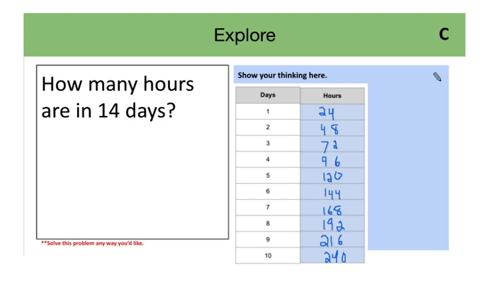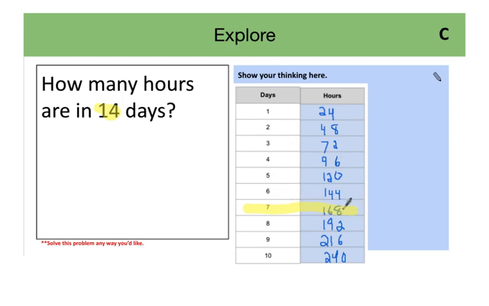All right, so thinking back to how we tackled similar problems in the past, I'm looking for 14 days. Now, 14 days is not here, but I do have 7 days. And why is 7 a good number to use? Yeah, it's half of 14, right? So if I double 7, it's going to bring me to 14 days.